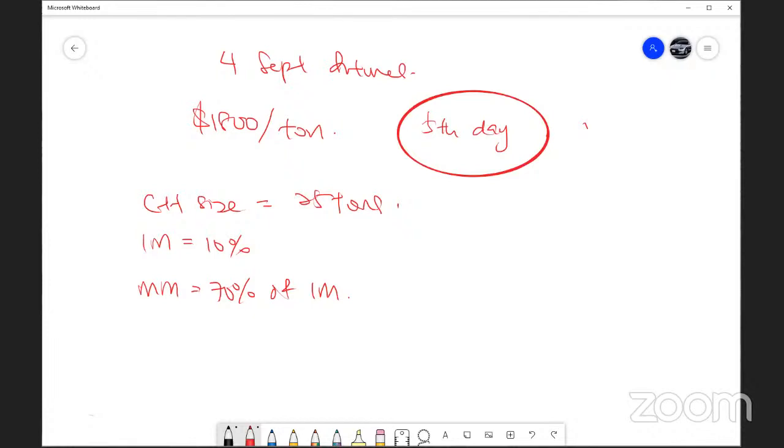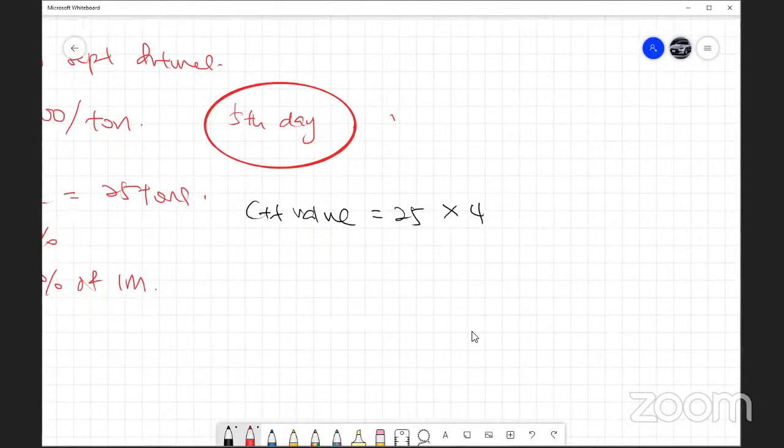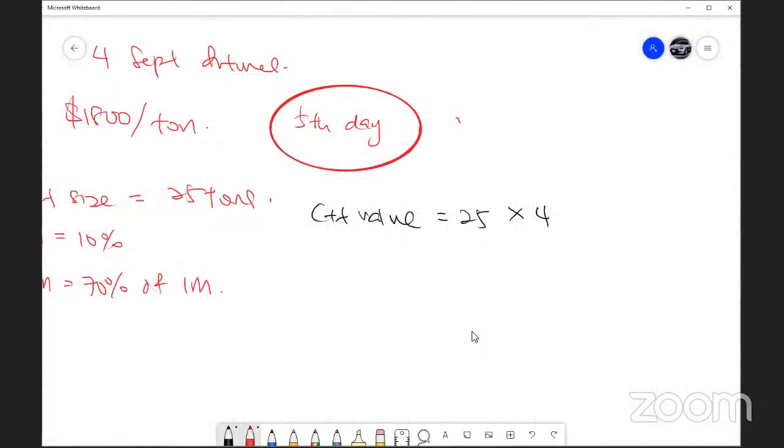So look here, a 25-ton contract, and you have 4 of them. So your contract value is 25 tons times 4 contracts, and each ton is worth 1,800.